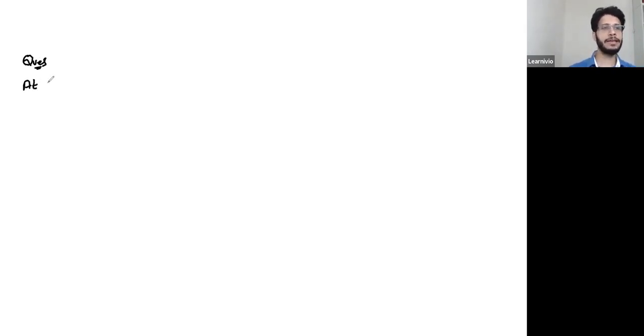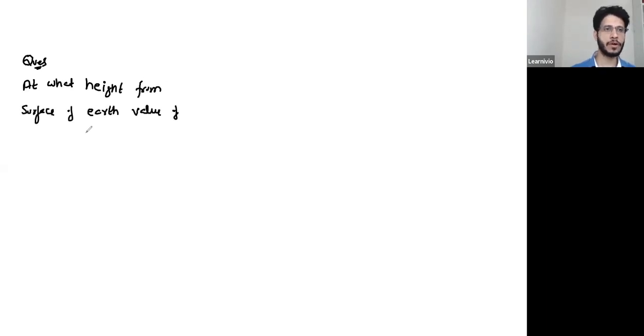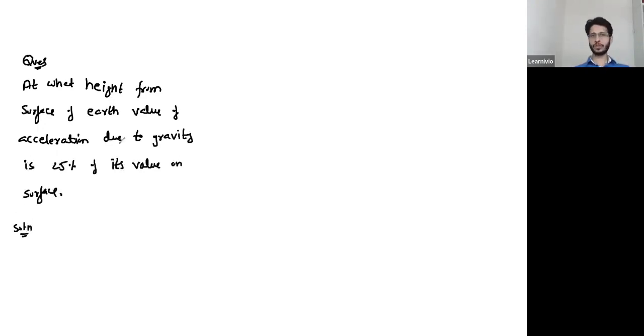At what height from surface of Earth... So I'm giving a hint for this problem. The hint is your G prime is 25% of G. Solve this thing and get the value of H.